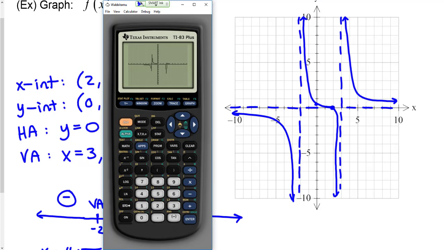However, if your graph looks like what I've shown here, you'll get full credit because you're clearly showing the asymptotes, you're clearly showing what's happened as the graph is going to positive and negative infinity. Like, you're showing all the different parts you're supposed to show. If you wanted to use the picture on your screen in lieu of a sign chart, you absolutely could do that. You could see where the graph is positive and where it's negative, then go with that.